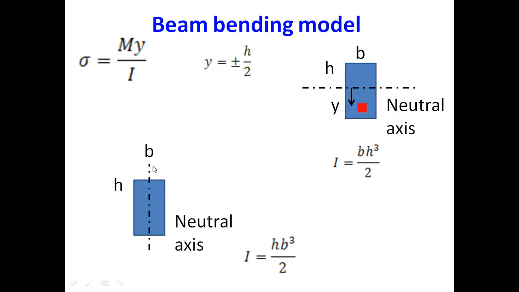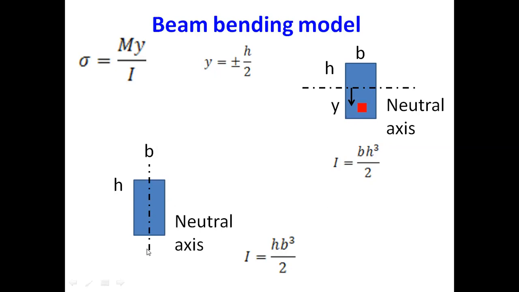However, if the bending is such that the neutral axis passes through the width of the beam, this is the neutral axis, then I would be equal to h b cubed by 12. So just remember that the dimension through which the neutral axis is passing would have a power of 3. If it passes through h, you have to put cube on h.